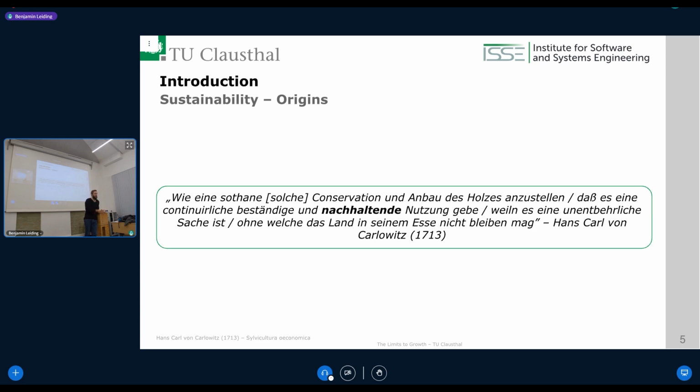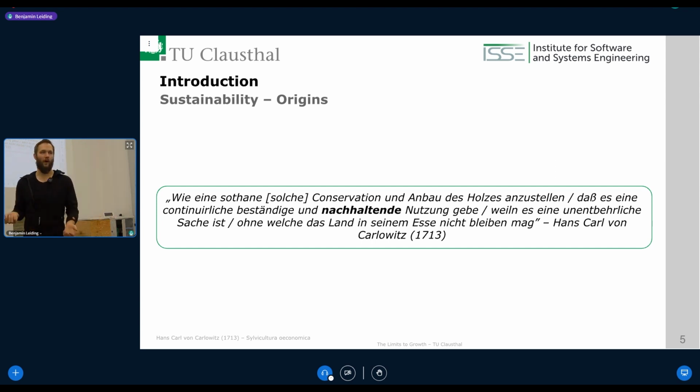Because if I have a forest and I cut down more trees per year than grow back, at some point I don't have a forest anymore. So the very intuitive approach is to not cut down more trees than grow back in a certain period of time. Otherwise, I'm running out of trees. So this concept is quite simple.